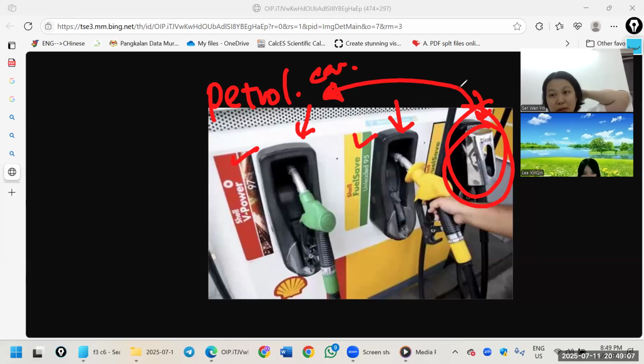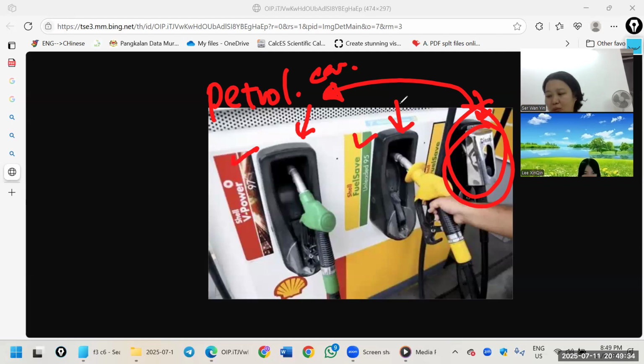So let's say you find out, oh yeah, I pumped diesel into a petrol car. You must not start the engine, directly call a mechanic. They would tow your car to the mechanical shop. They will pump the diesel out and clean everything.